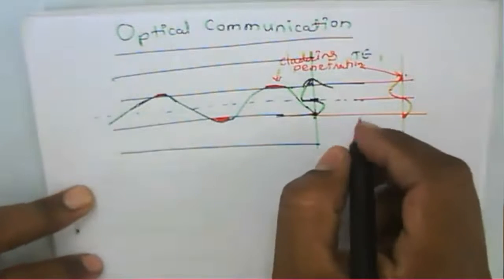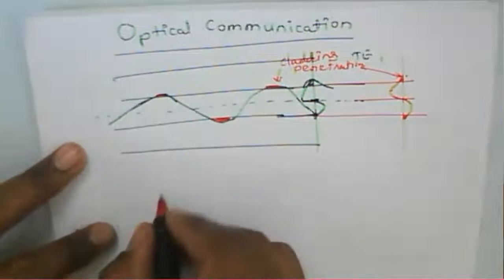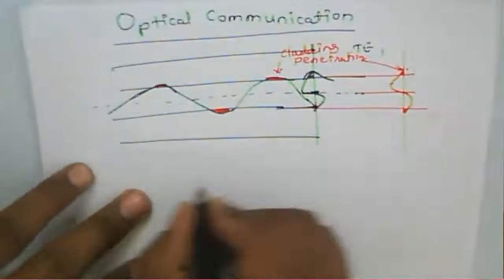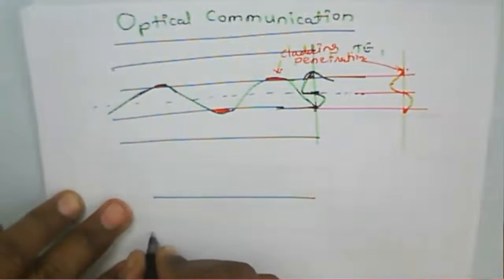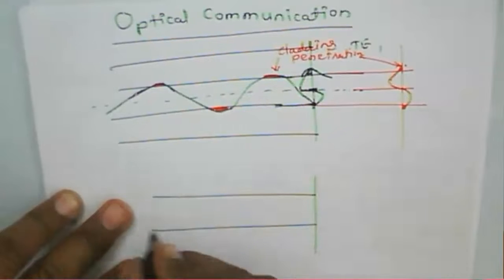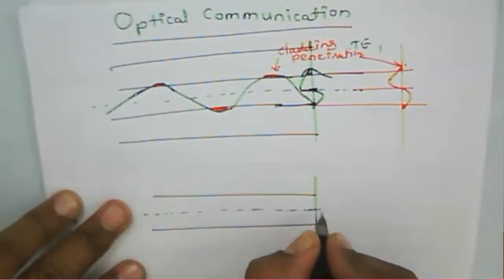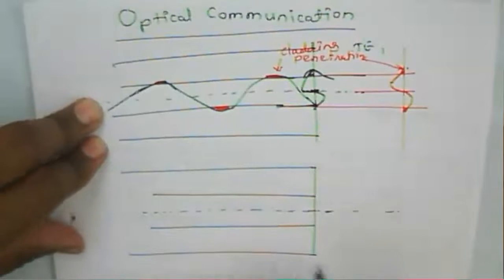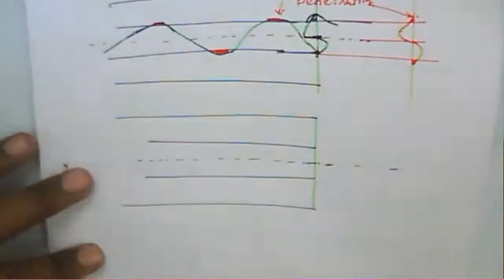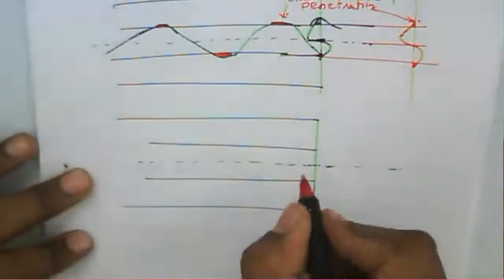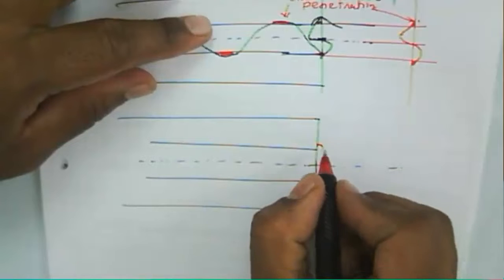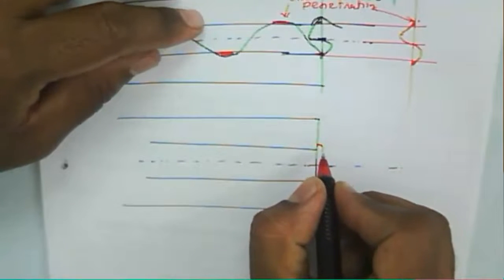Now, if there is a mode two, then the nature of that electric field across this core will be different. Suppose this is the core, this is the axis of the core, and this is the cladding. If it is a T2 mode, there is a small penetration.